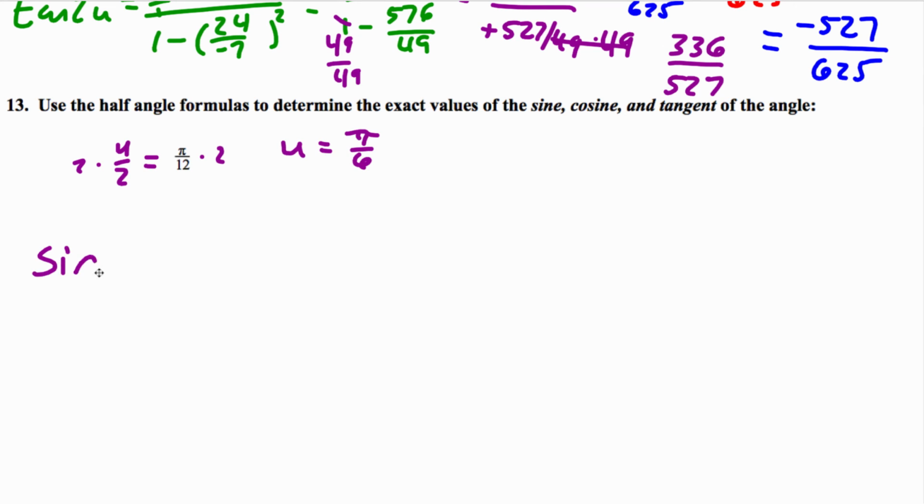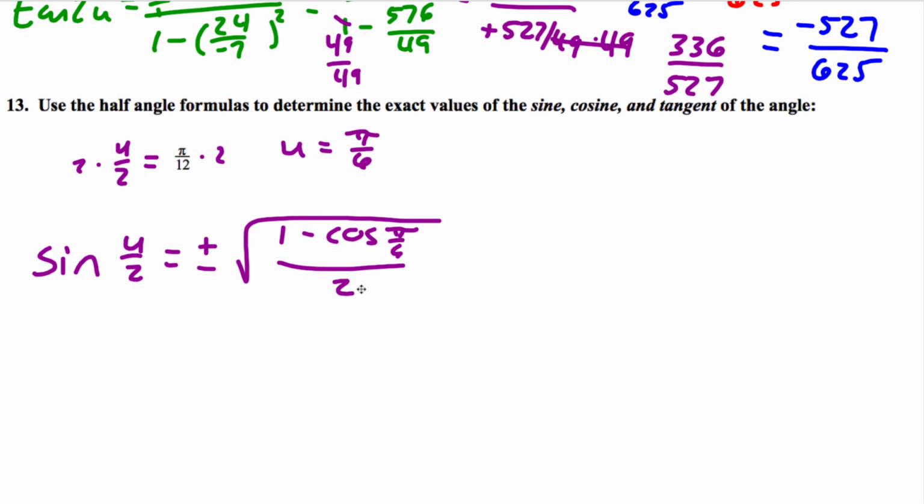So if we're doing the sine of u over 2, which is pi over 12, then what we're going to do is plus or minus the square root of 1 minus the cosine of our angle u, which we just said was pi over 6, and that's all over 2. Now, what we can do right away is take a look at that plus or minus.